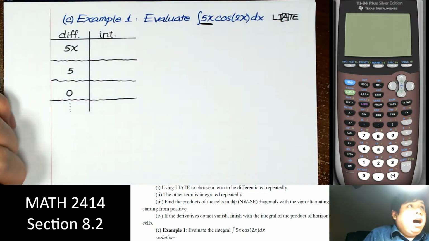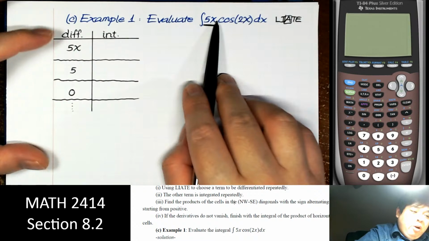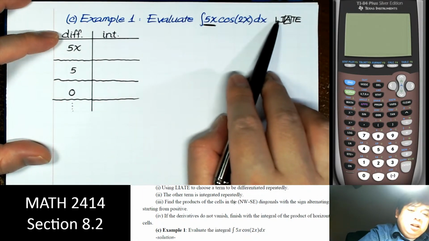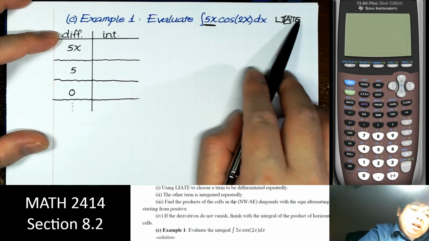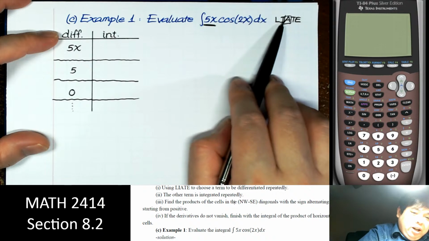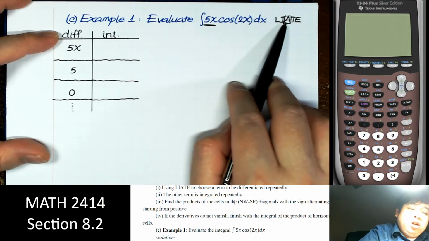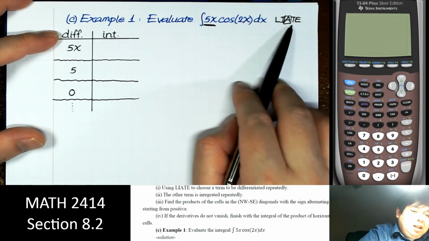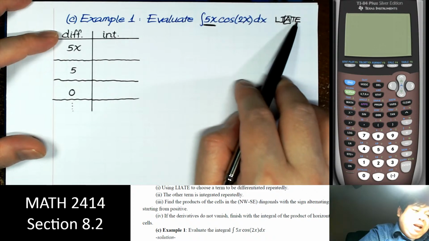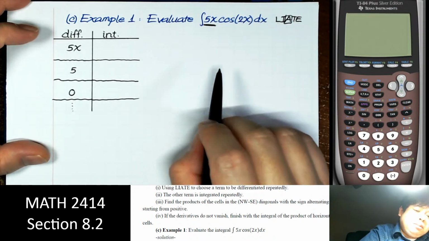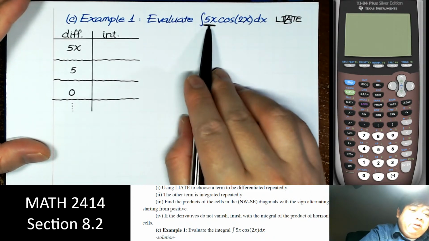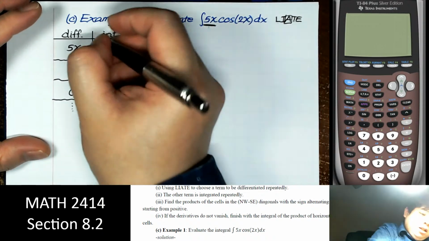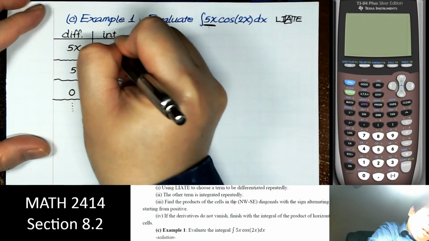So choose a term to be differentiated, and that's given by the priority: log, inverse trig, algebraic expression, polynomials, and then trigonometry, and then exponent. Right. So this is the term to be differentiated. The cosine 2x is the term to be integrated.